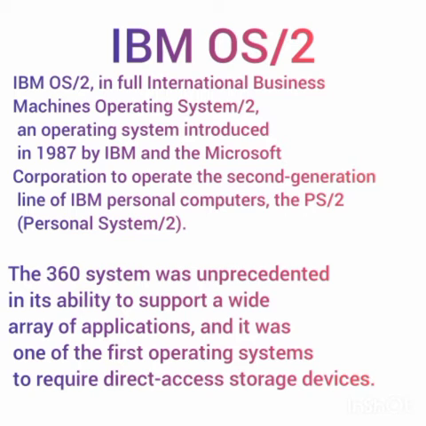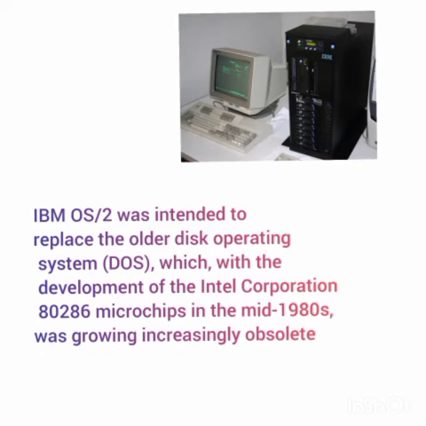The 360 system was unrivaled in its ability to support a wide array of applications, and it was one of the first operating systems to require direct access storage devices. IBM OS/2 was intended to replace the older Disk Operating System, or DOS, with the development of the Intel Corporation 80286 microchips in the mid-1980s.